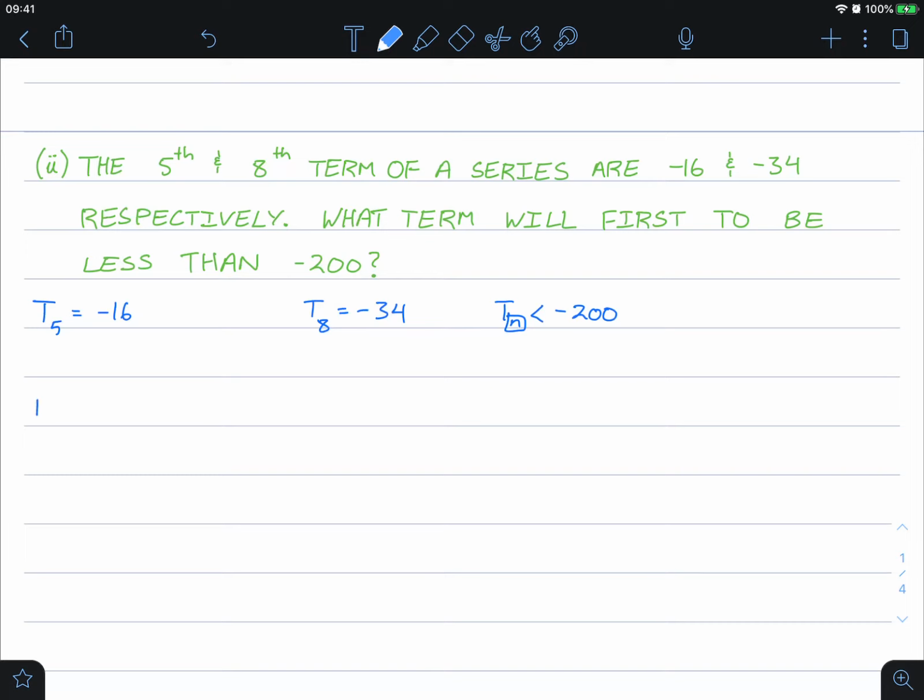So t of n is equal to a plus d times n minus 1. But we now know the 5th term, so a plus d times 5 take away 1. This is the 5th term, that's equal to negative 16.